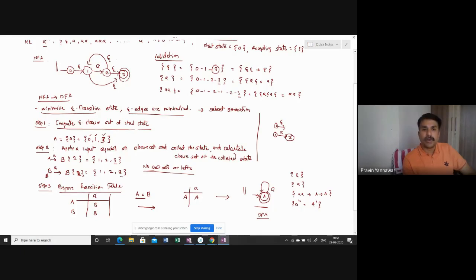For 2, 1 is the epsilon, and from 2 it is coming to 1 with epsilon. So here the input symbols are common. Here we need not bother about what input symbol we are going to have.